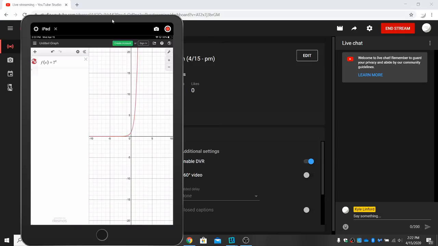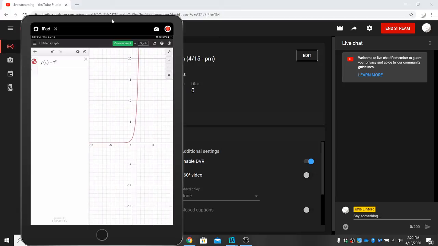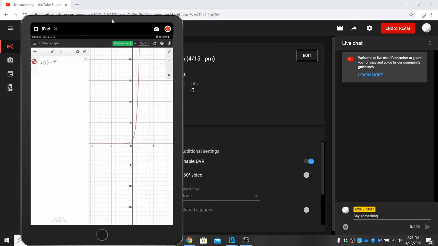So here is the graph that we get. Notice it is an exponential growth, and if I wanted to, I can click on the graph itself, and I can see here, if I'm touching the graph, the y-intercept is (0, 1), and let's scroll up, and let's see what happens when x is 1.